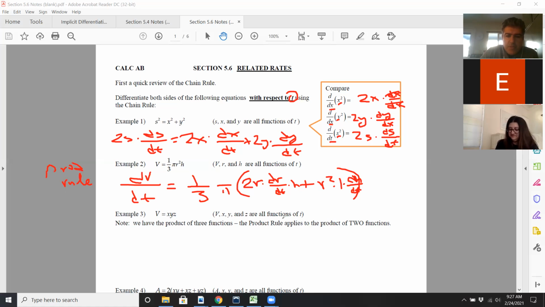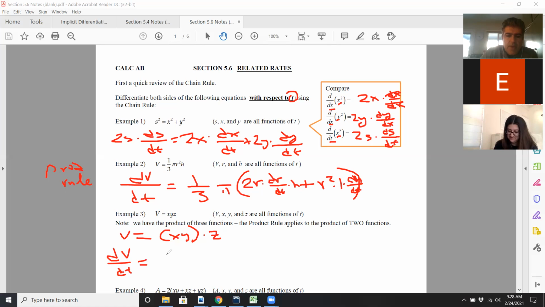So, again, we're doing respect to t. And this is a little nasty here. You have 3 things being multiplied. So what I probably would do is lump it like this. You could also lump the y and z or x and z. It doesn't really matter. But take the derivative, get dV over dt.